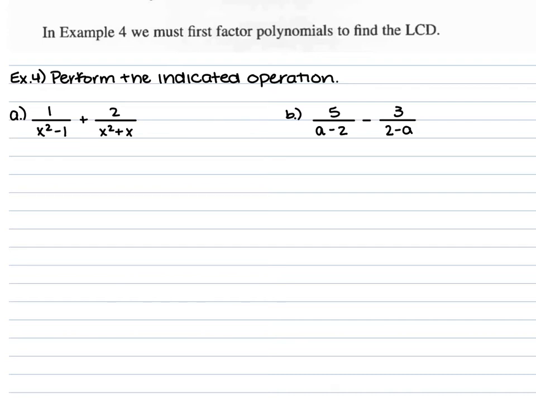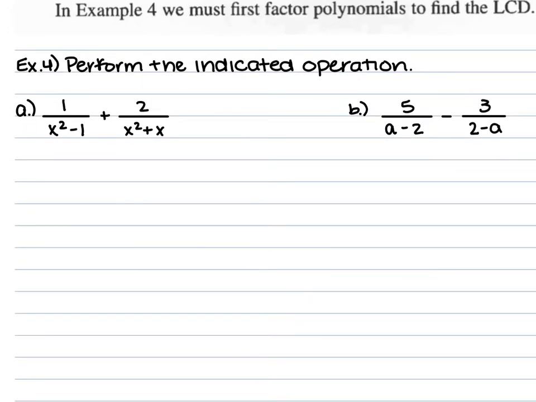For that first fraction, I'm going to have 1 over, it's a difference of squares, so that's x minus 1 times x plus 1. For the second fraction, I have 2 over, my greatest common factor between the x squared and the x is x, so I'm going to factor out an x to give me x times x plus 1.